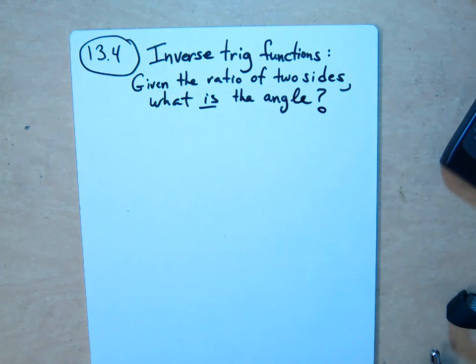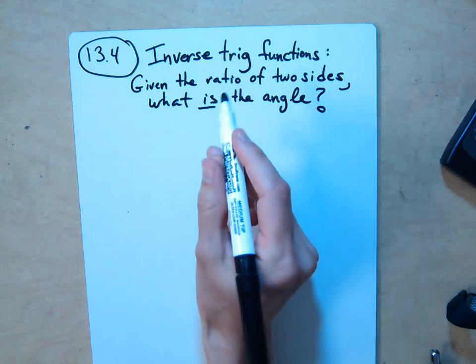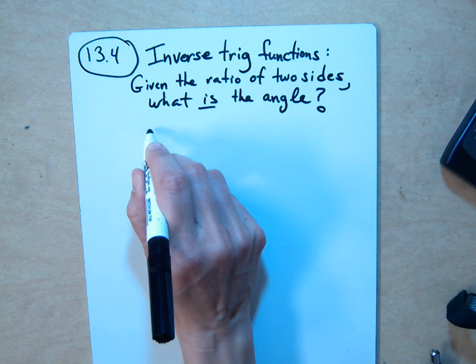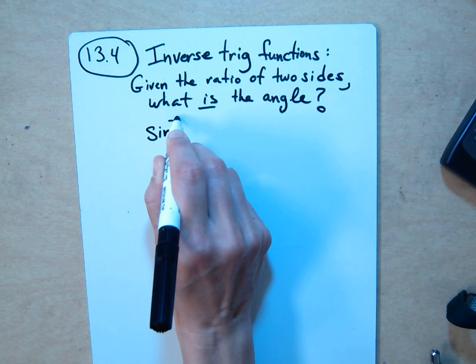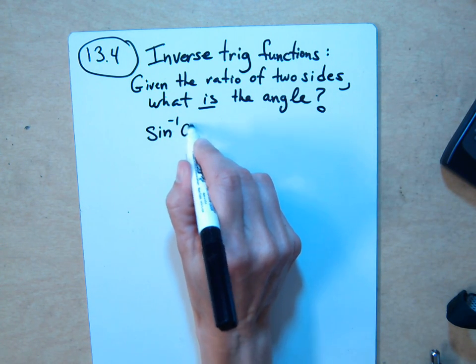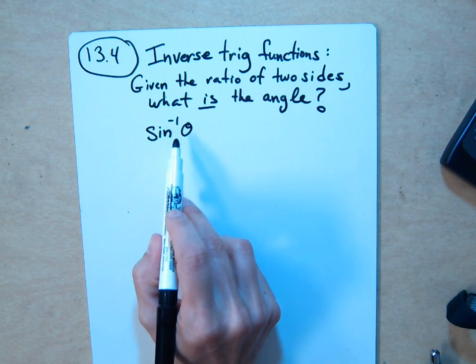Now, there are some definitions here that you won't need to memorize, but you need to be able to refer to them and know what they mean. The symbol for inverse is a little -1 next to theta. The -1 is not an exponent.